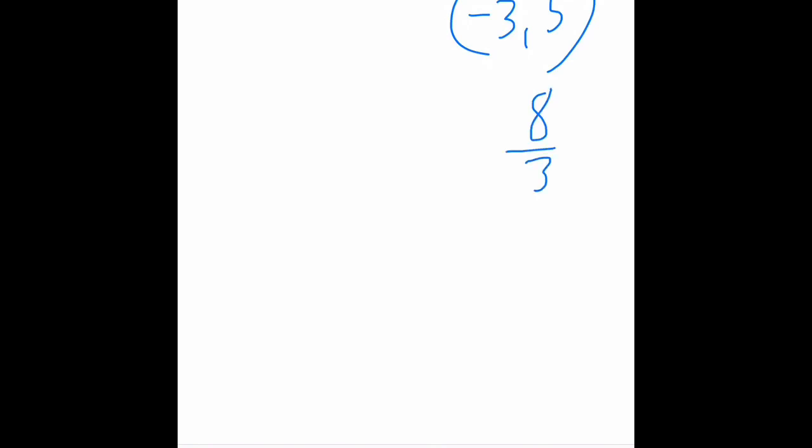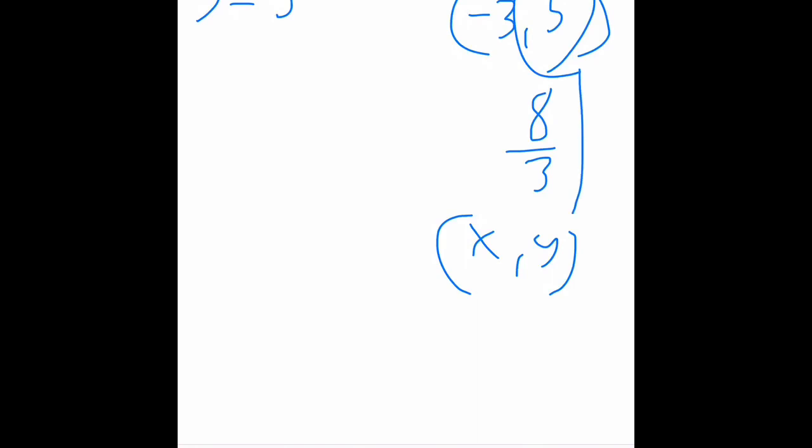So what you do is you would do y minus 5, because this is y, because x, y corresponds to that. So then y minus 5 is equal to the slope, which is 8/3, and then you'd put x plus 3, since the x in this case is negative.